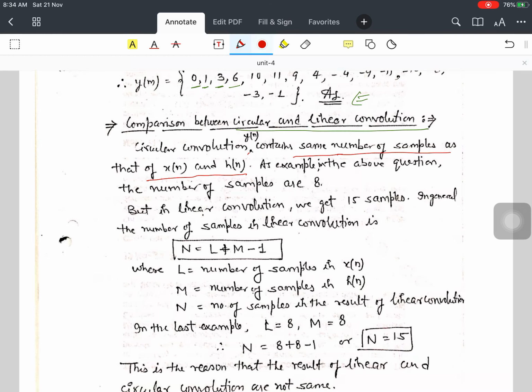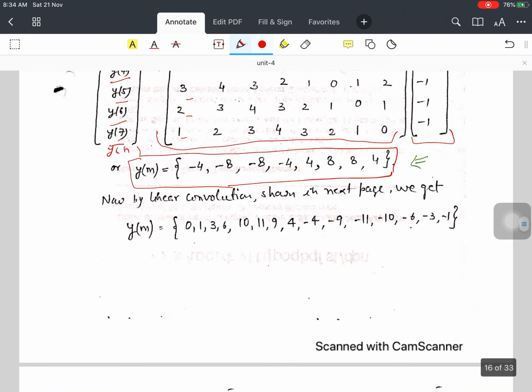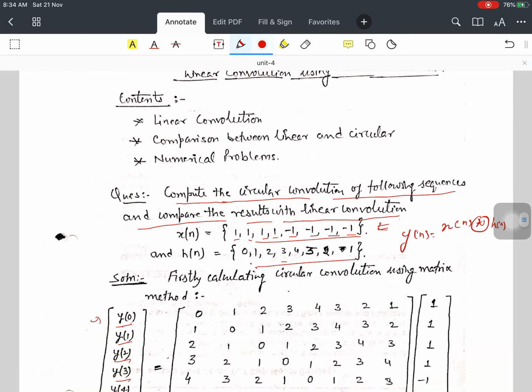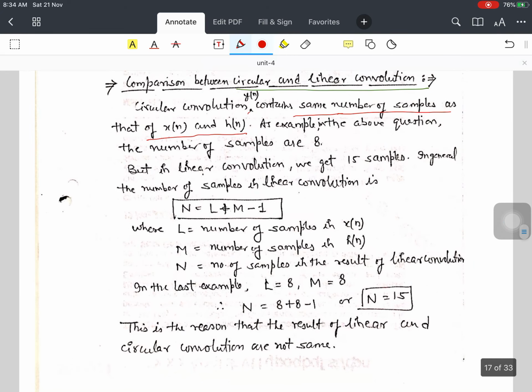Talking about the number of samples, how many samples are there? 1 2 3 4 5 6 7 8, and 8 samples were in xn, and the same in hn. So this is the first characteristic of this circular convolution. yn will have the same number of samples as xn and hn.